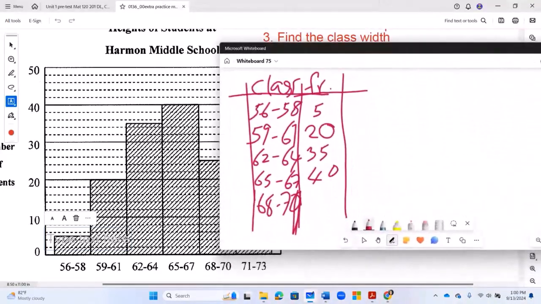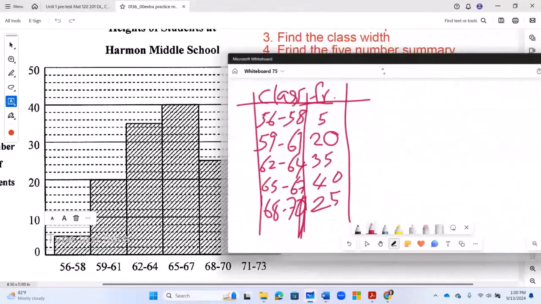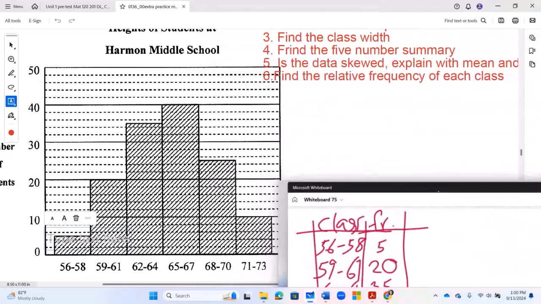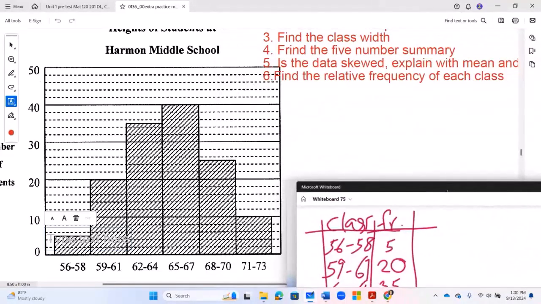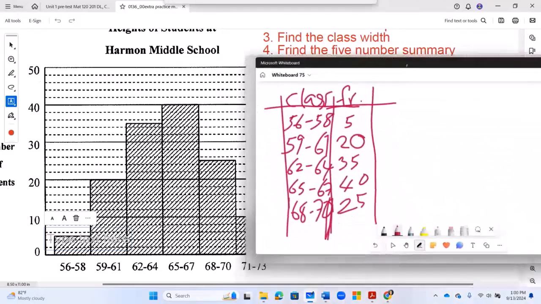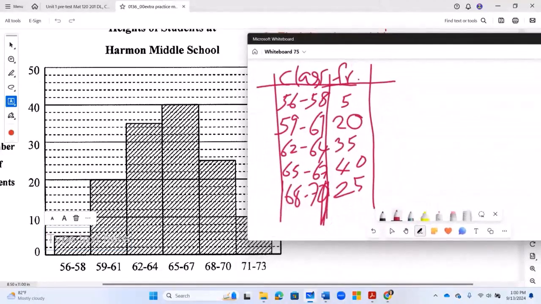Hope you agree. I am seeing 25. For the last class, 71 to 73, the frequency is 10.